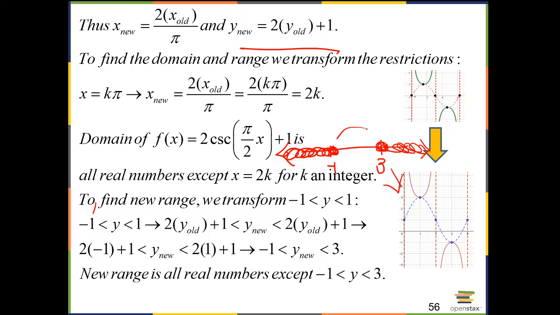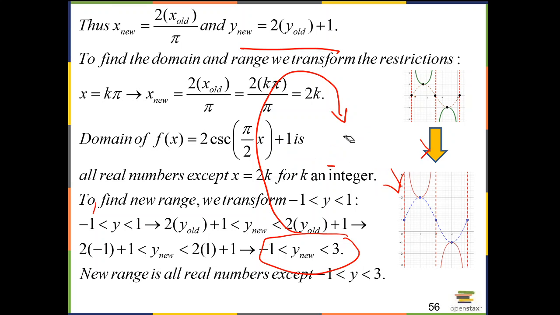Why? Because this right here is the restriction. y cannot be those numbers. I should have put it on a vertical line because it's y actually. So this is 3 and this is -1. We want all of these numbers and all of those numbers, and the part in between is the restriction.